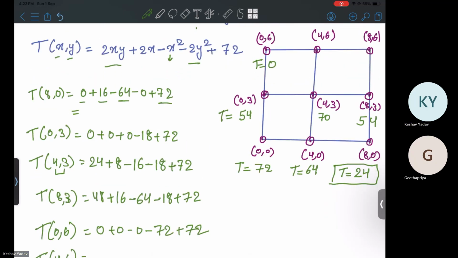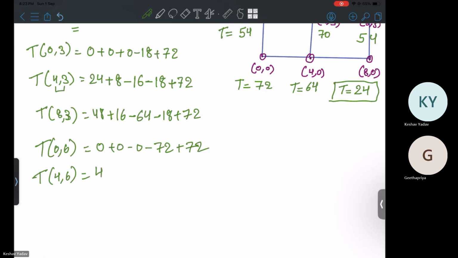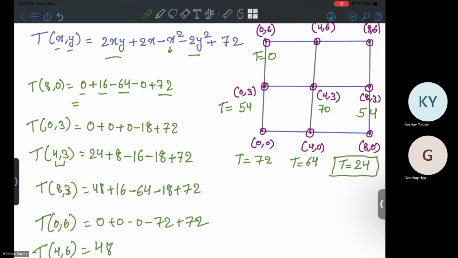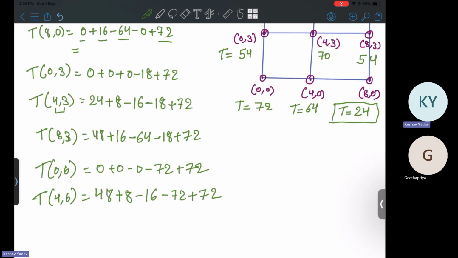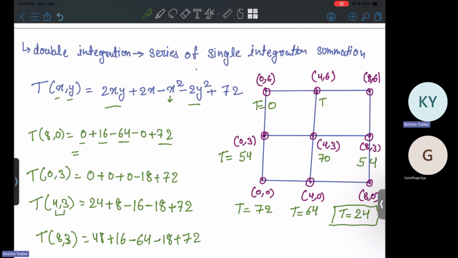So 24 multiplied by 2, 48. 48. 2 times x means 8, minus 16, minus 72 plus 72. So this will become 40. So here T will be 40.